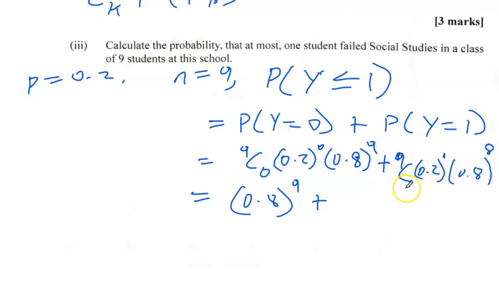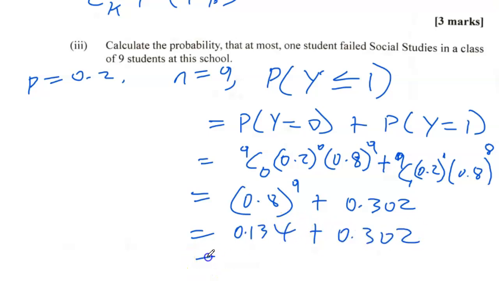So all of this will work out to be 0.302, and 0.8 to the power of 9 was 0.134, so 0.134 plus 0.302 gives us 0.436.